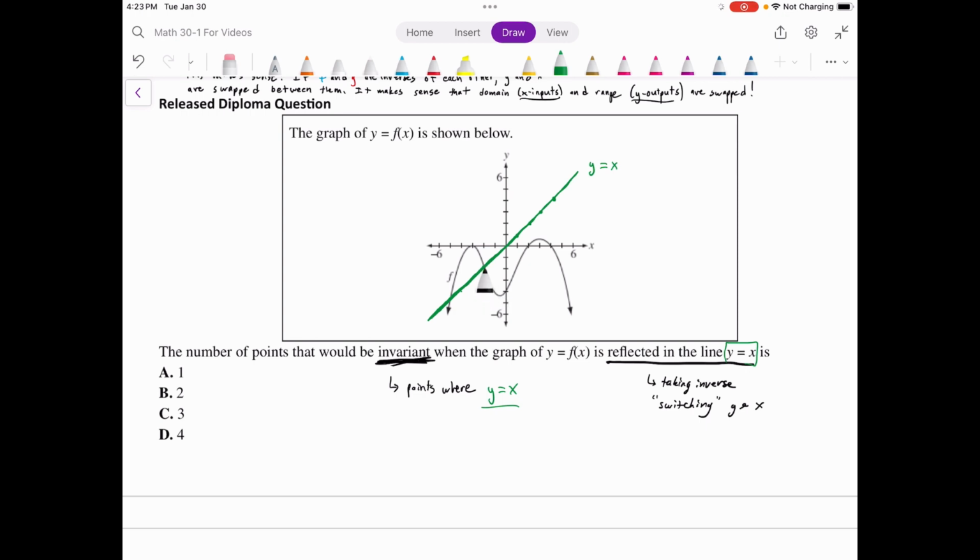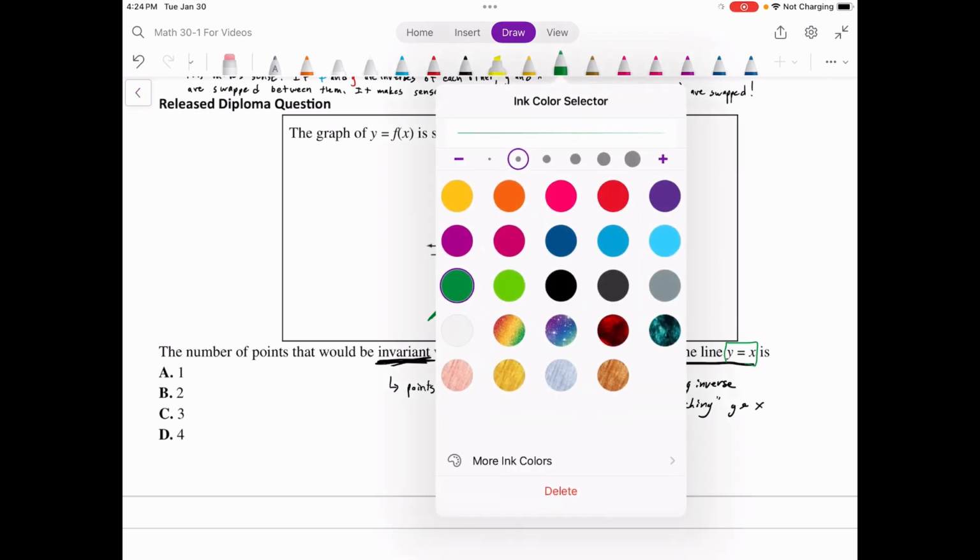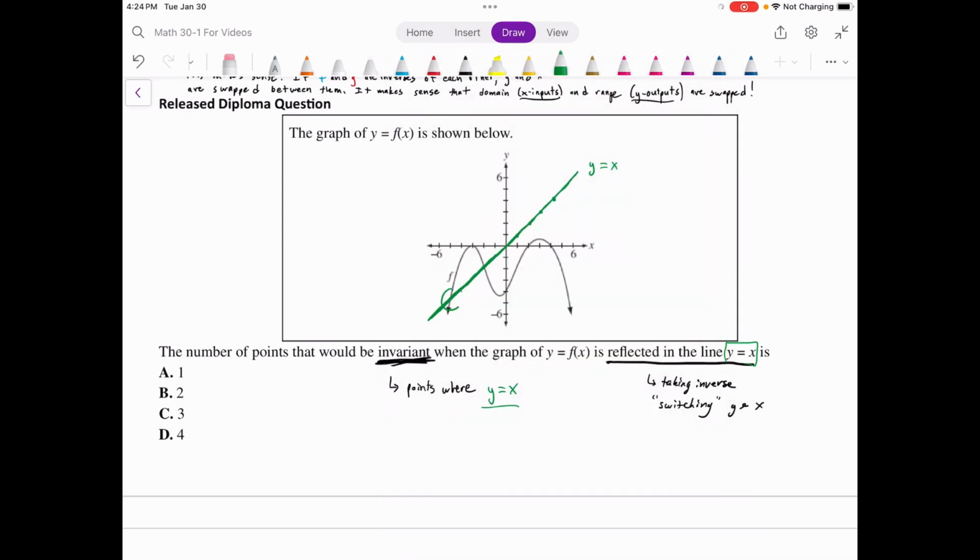This line shows us everywhere where the y value equals the x value. So here on our graph, y equals x, because it's on the line y equals x. Here on our graph, y equals x, because it's on the line y equals x. Yes, it's on our graph, but it's also intersecting with the line y equals x. So when I draw in that line, I see two invariant points, two places where y already equals x.